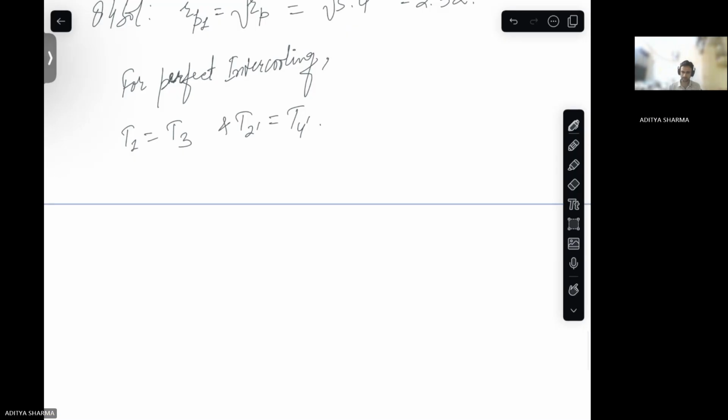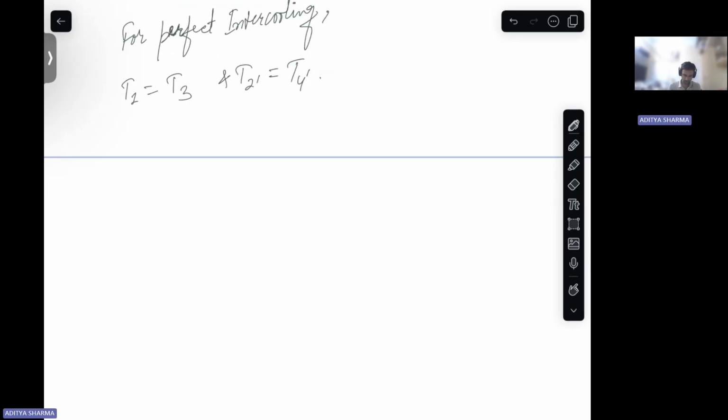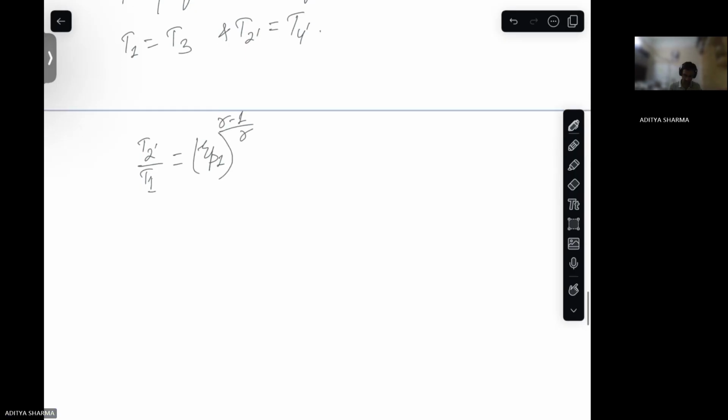Right. So then using the isentropic relations, T2 dash by T1 is equal to RP1 raised to gamma minus 1 by gamma.